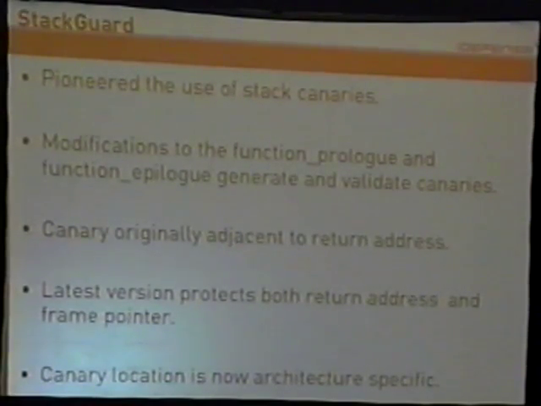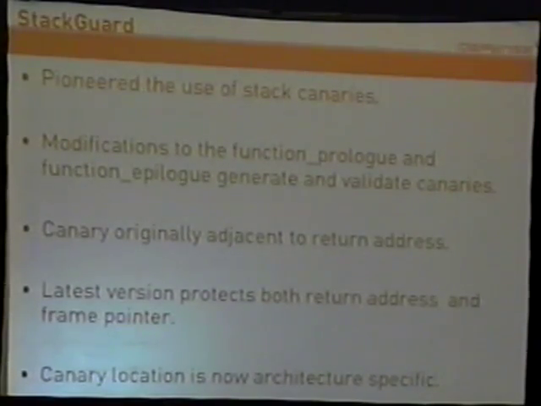In the latest versions, as the theory has progressed, the newer versions protect the return address and the frame pointer. Sometimes they even protect function pointers that are stored on the stack to validate that they are pointing to the text section and/or non-executable pages.